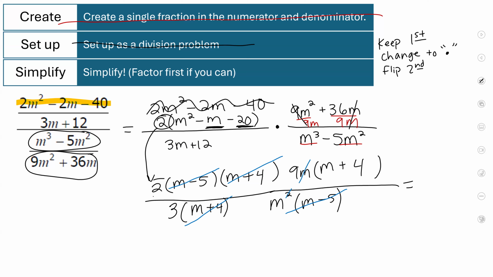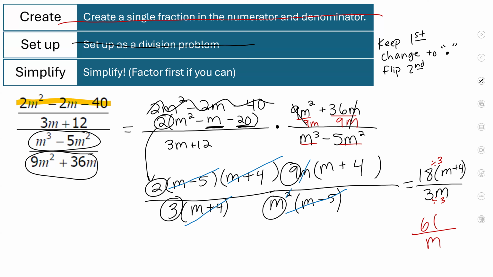I have 2 times 9 is 18, and I have an m plus 4 left over, 3 times a single m. That's 3m. We're almost done. What else can I do? Yep, divide these both by 3. So 18 divided by 3 is 6, and 3 divided by 3 is just 1. So this is my final answer.